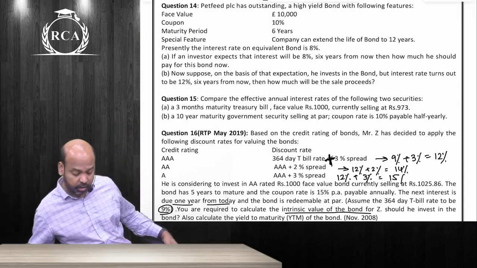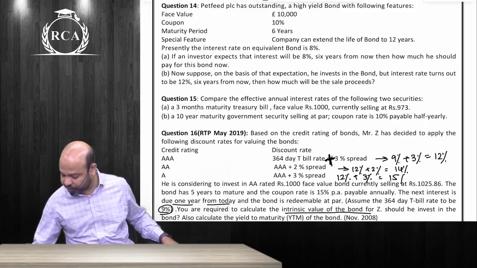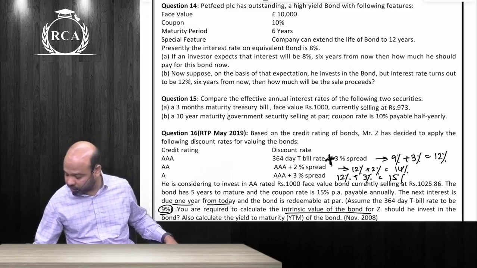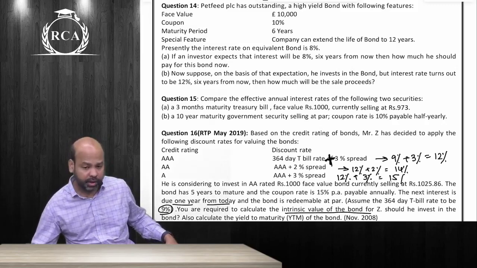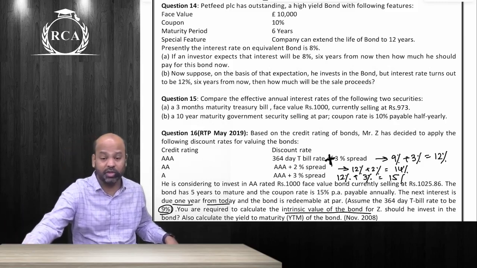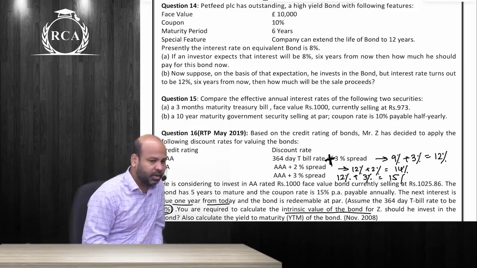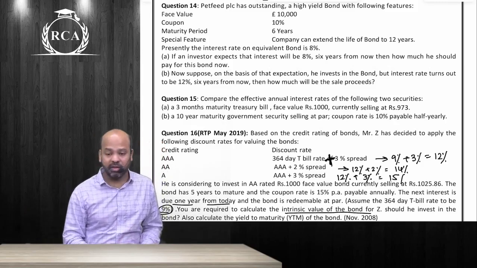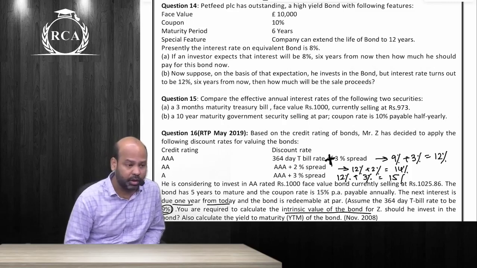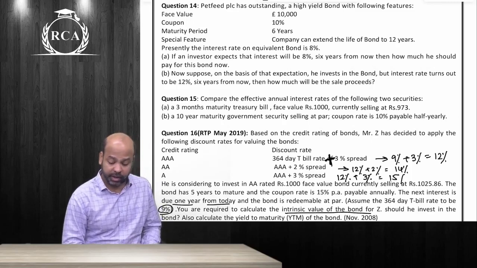There's a 3-month treasury bill, face value 1,000, currently selling at 973. Guys, any money market instrument will have zero coupon rate. A 3 months treasury bill will not have any coupon. You directly issue them at discount and you redeem them at face value. So you're issuing the bonds at 973 rupees, you'll be redeeming the bond at a price of 1,000 rupees. You have to compute effective annual interest rate.